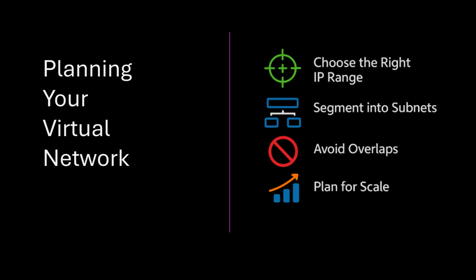Start with a large address space, like a /16, even if you don't need all of it now. Then carve out smaller subnets as needed. This approach gives you room to grow without re-architecting everything later. By thinking ahead, you set yourself up for a scalable, conflict-free, and future-ready Azure network.